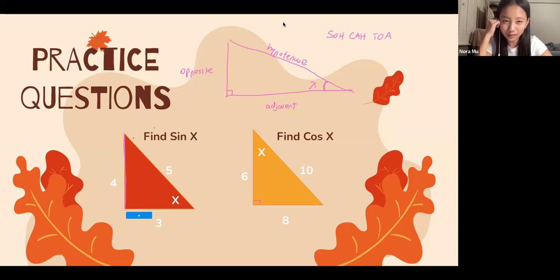So sine x in this case would be 4 over 5. Okay, and moving on to cosine, we know that cosine is adjacent over hypotenuse, and in this case, it will be 6 over 10 because 6 is adjacent to x.